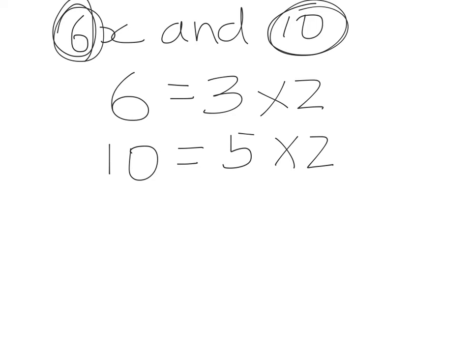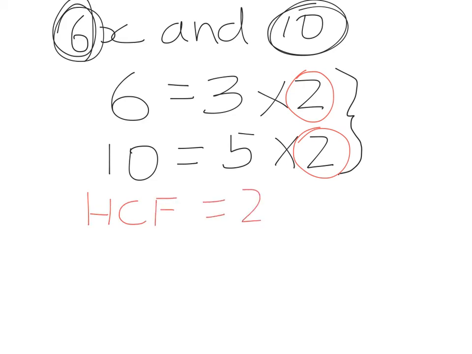Now, what can you see that is the same in both of these? That's right, the number 2. Both of them have 2 as a common factor. So we can say that our highest common factor of 6 and 10 is 2. Now, what about the x? There's only an x on the one side.